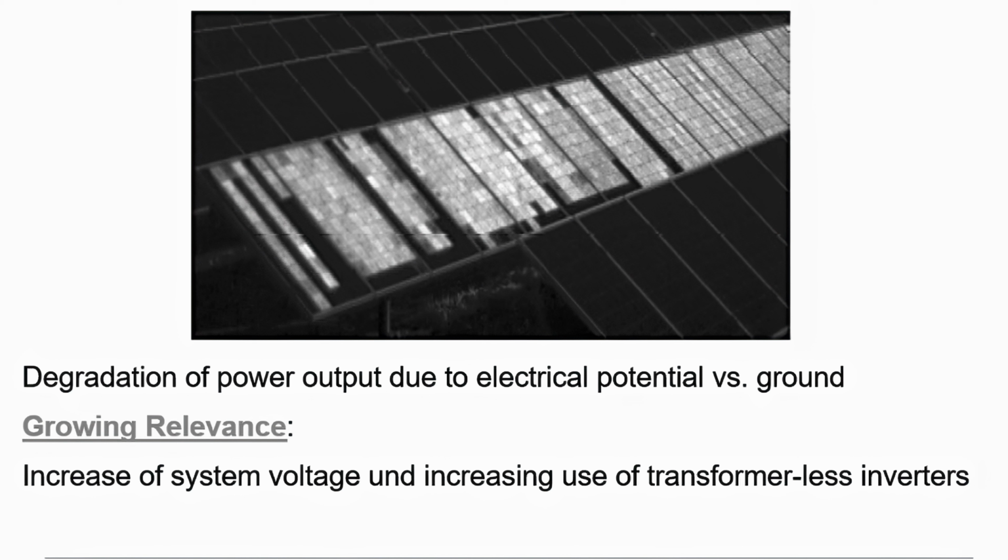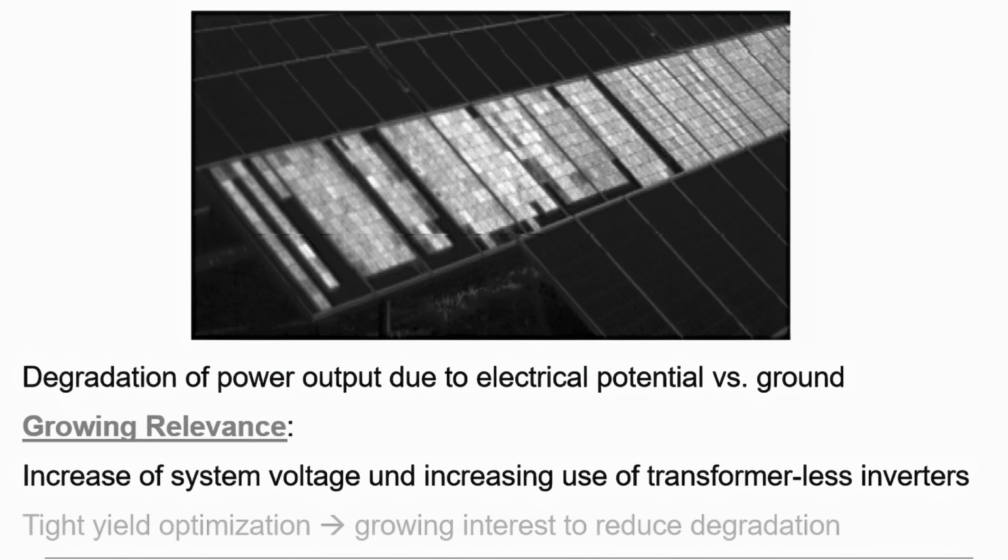Formerly, this was given due to the transformers inside the inverter. Nowadays, cheaper and quite efficient inverters don't have any transformer anymore. Also, there is a tight yield optimization. So sometimes there could even have been some PID, but it hasn't been discovered. And nowadays, the operators take a close look at the actual operation performance.